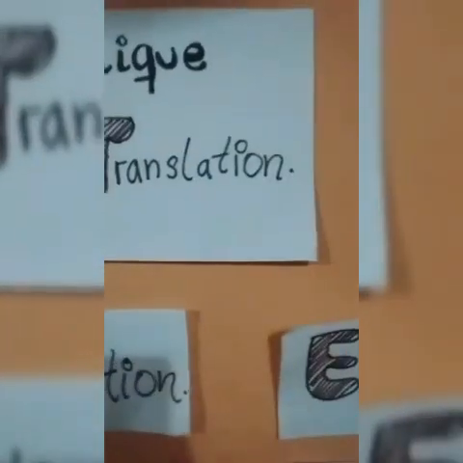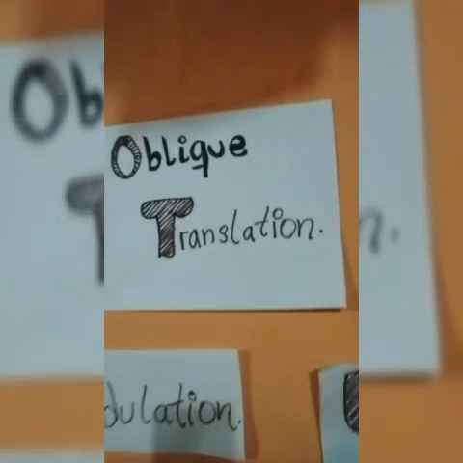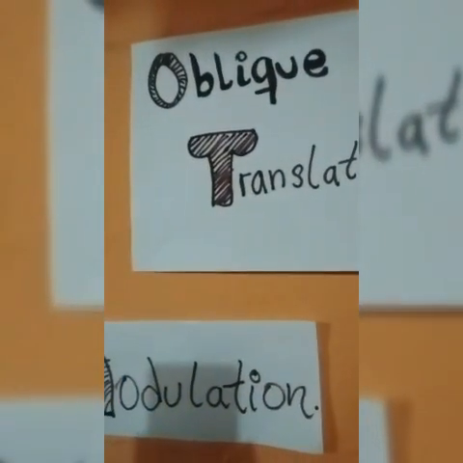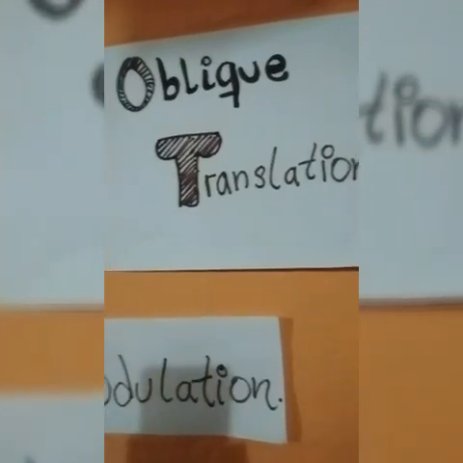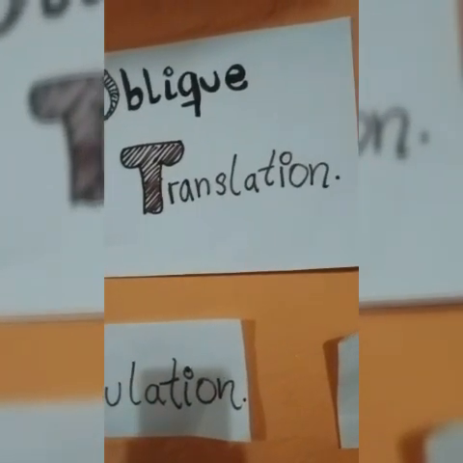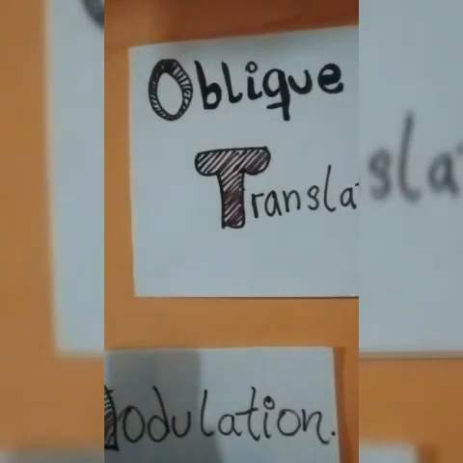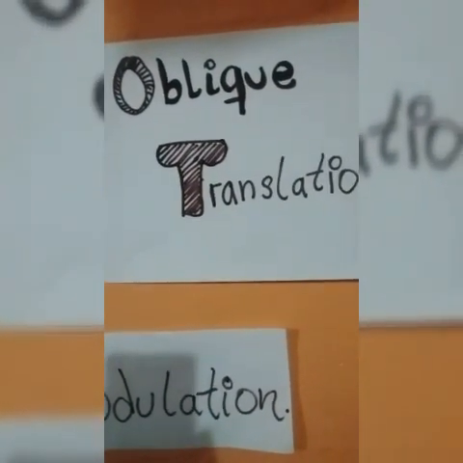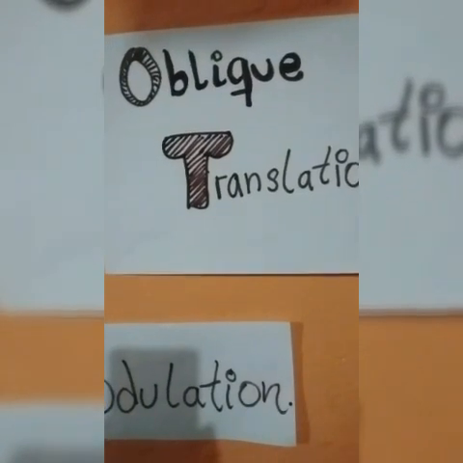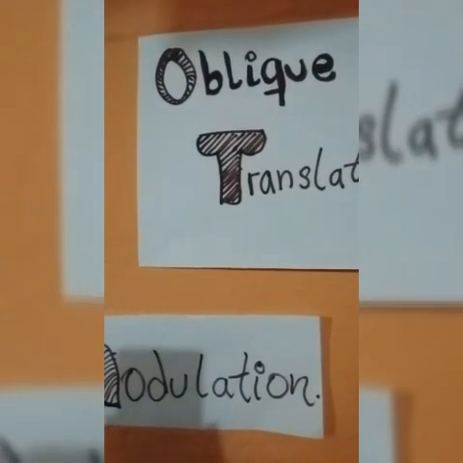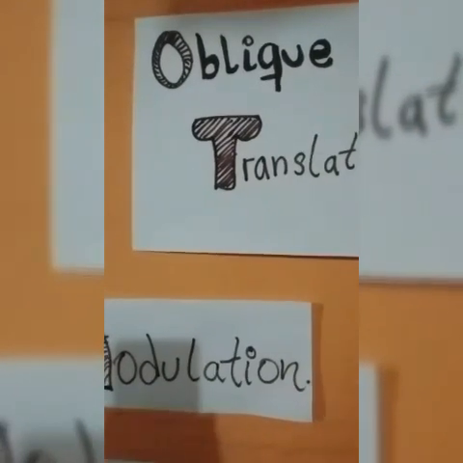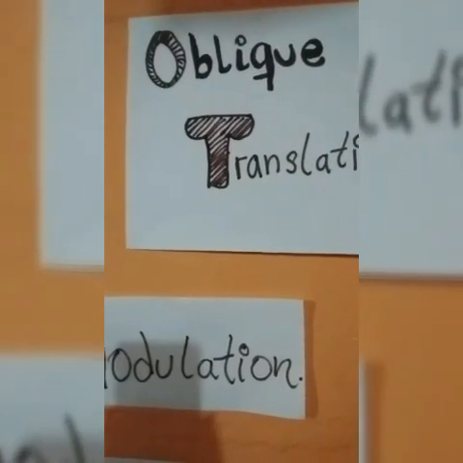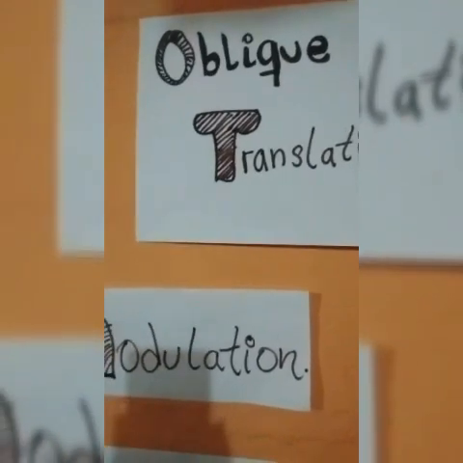Now I will explain the oblique translation method. It is used when the structural or conceptual elements of the source language cannot be directly translated without altering the meaning, using the grammar and stylistic elements of the target language.